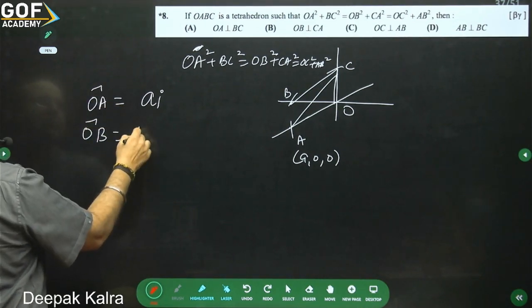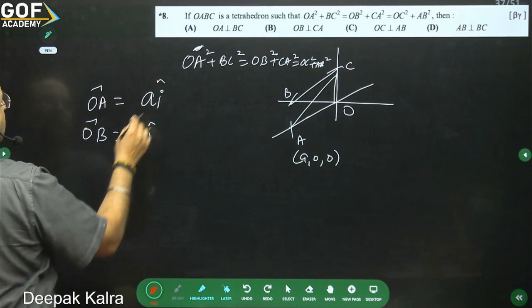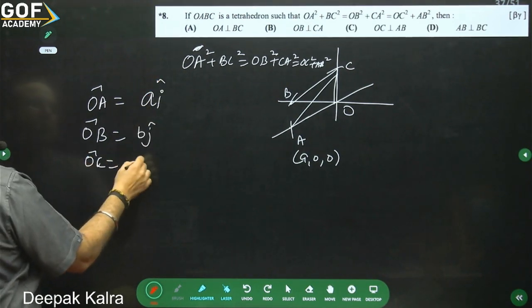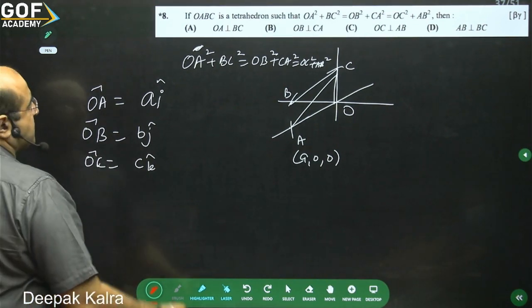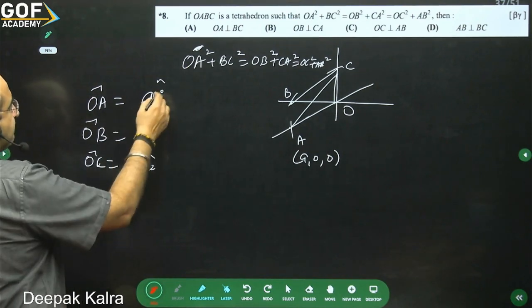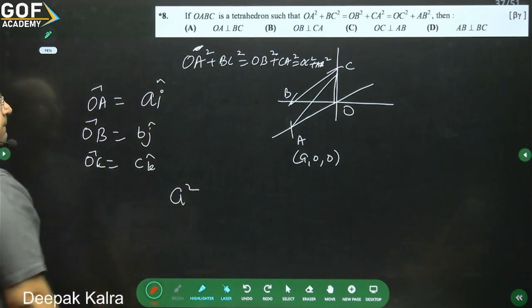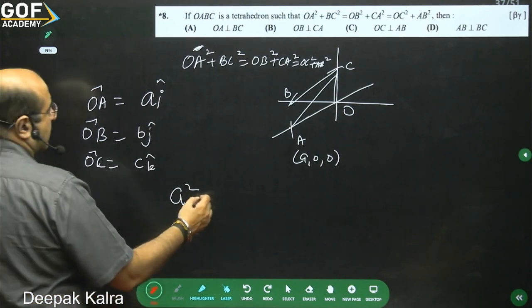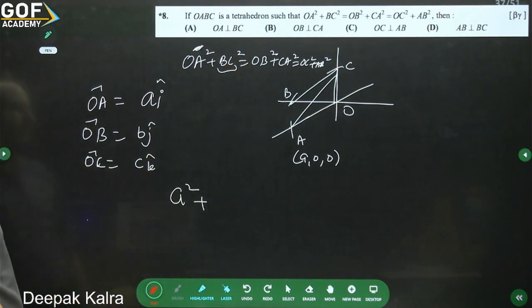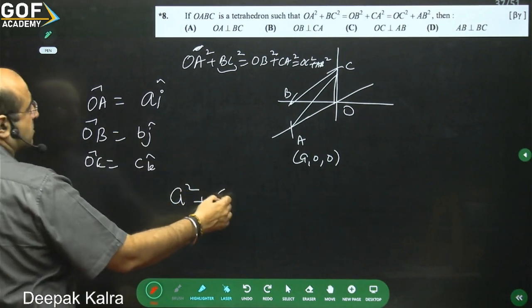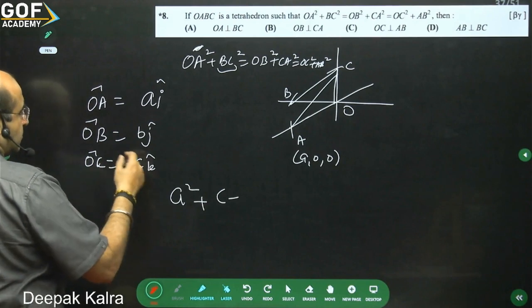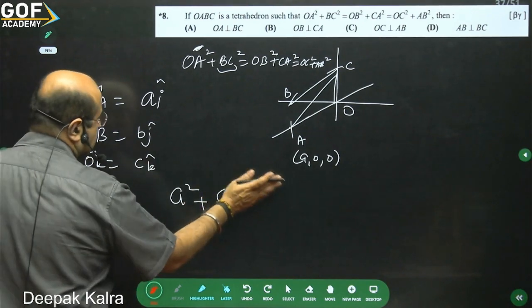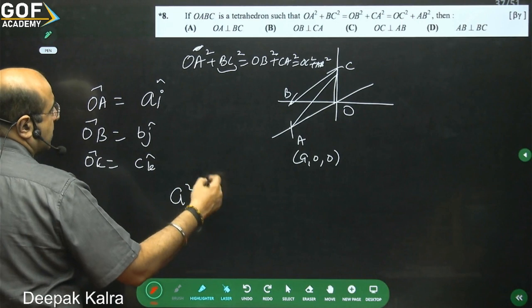OB is B j. OC is C k. OA square is what? A square. BC square is what? C k minus B j, square.